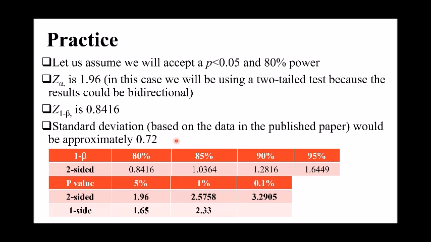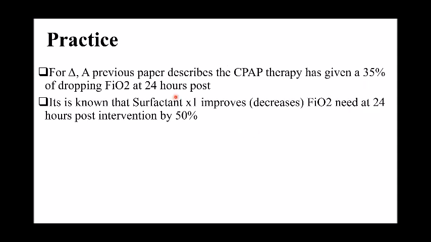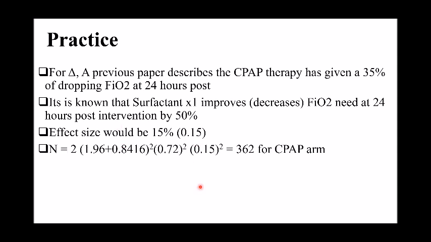So the change from previous studies: we know CPAP reduced the FiO2 need at 24 hours by 35%, while we know that surfactant reduced it by 50%. So the effect size is 50 minus 35, which is 15, or 0.15. So now we have all the elements. We have the significance level, we have the power of the study, we have the standard deviation, we have the effect size.